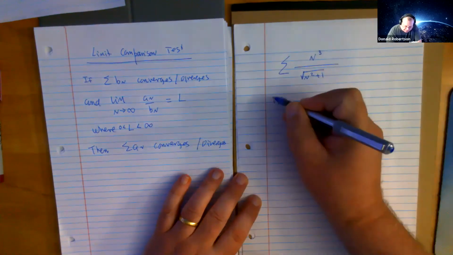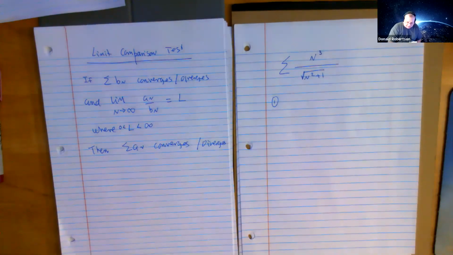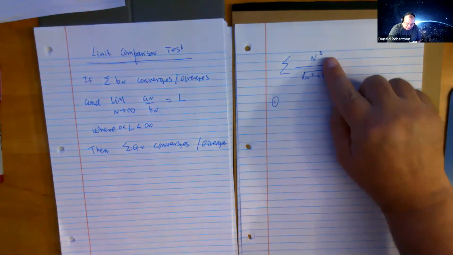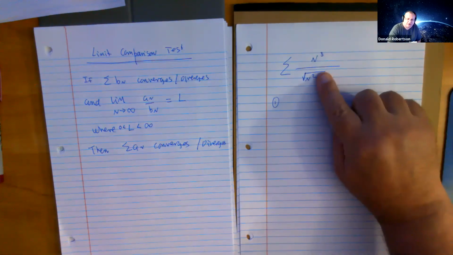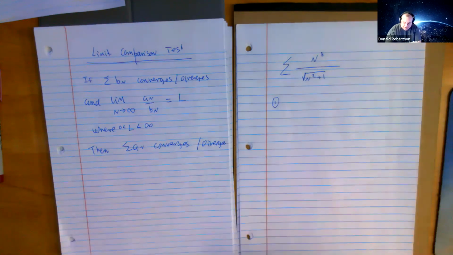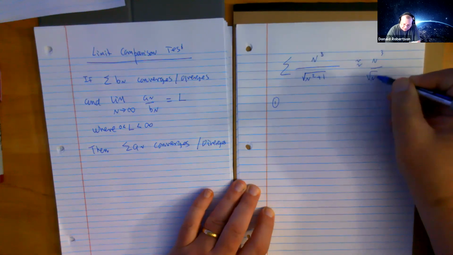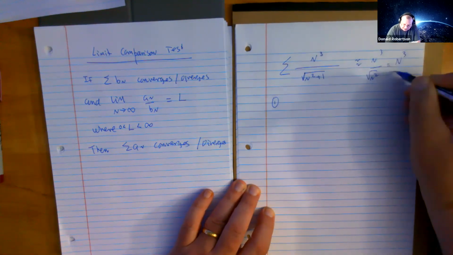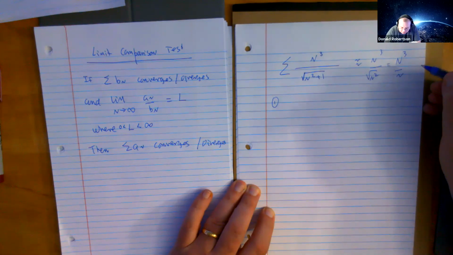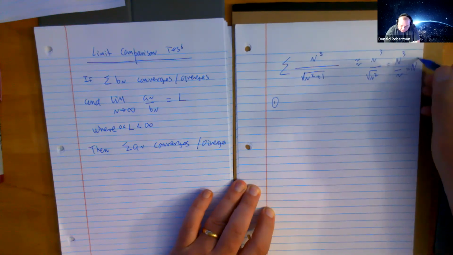The first step is you have to, just like always, figure out who he behaves as. Now, would you agree that this is n cubed, and would you agree this behaves like the square root of n squared? So it behaves like n cubed over the square root of n squared, which is n cubed over n, which is n squared.